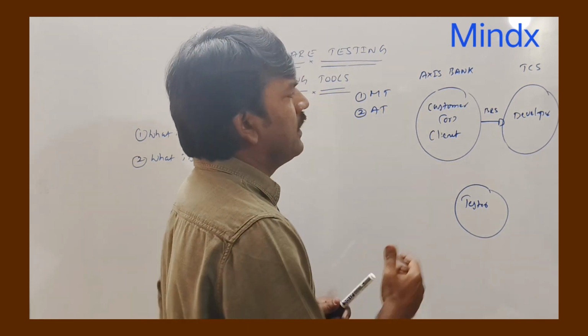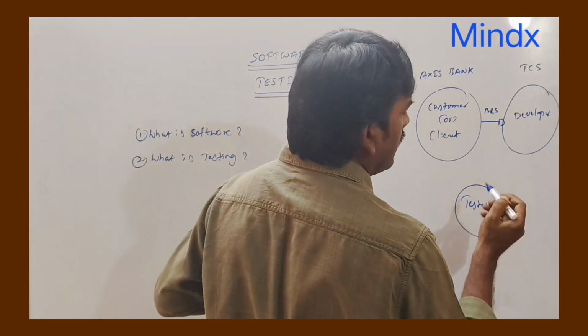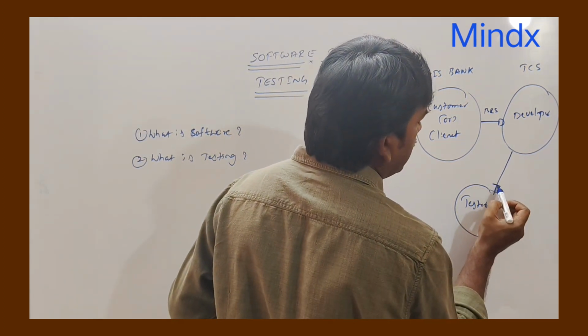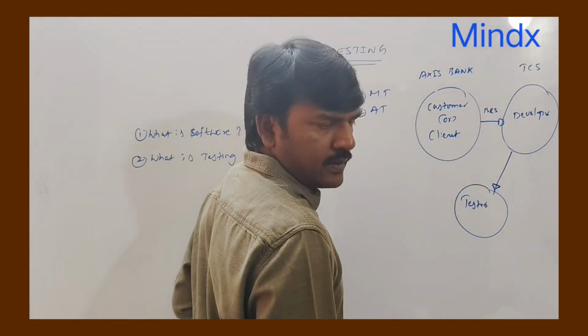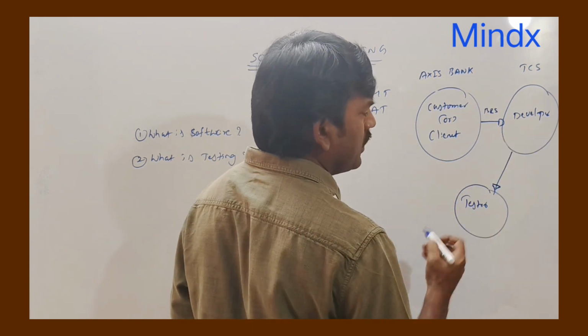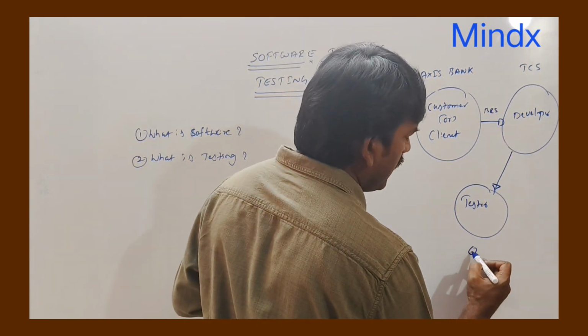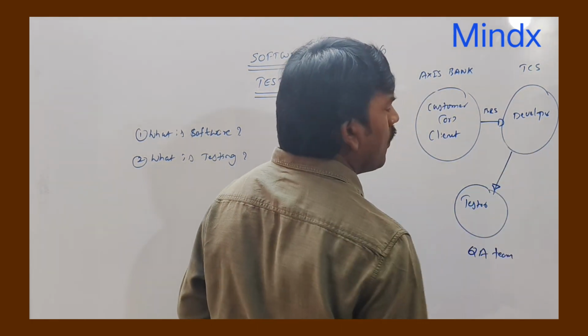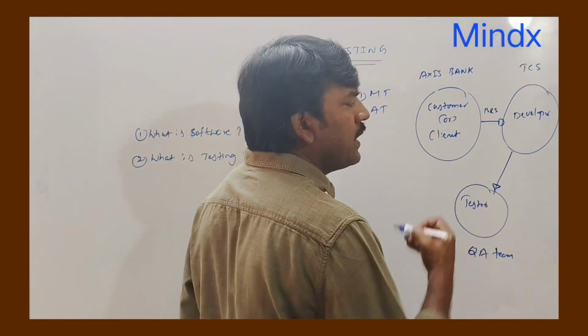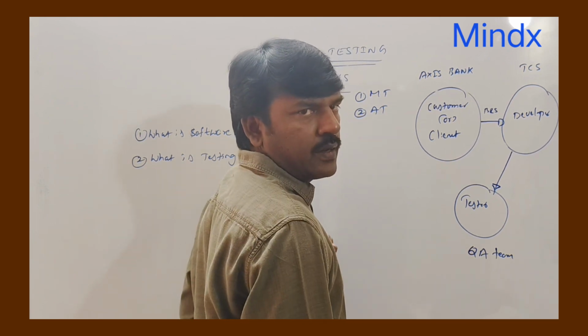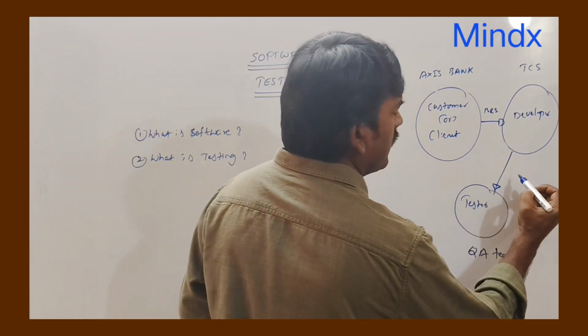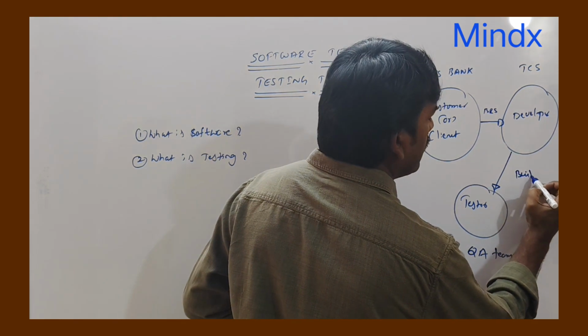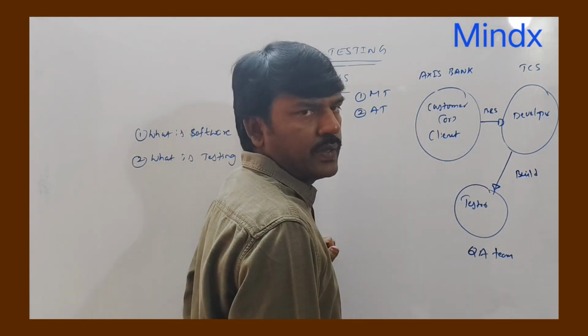At that time, the developer will release the product to the testing team. That is called the QA team. So what will they deliver? One piece of software, or nothing but a build. What is called a build? A build is nothing but a piece of software.